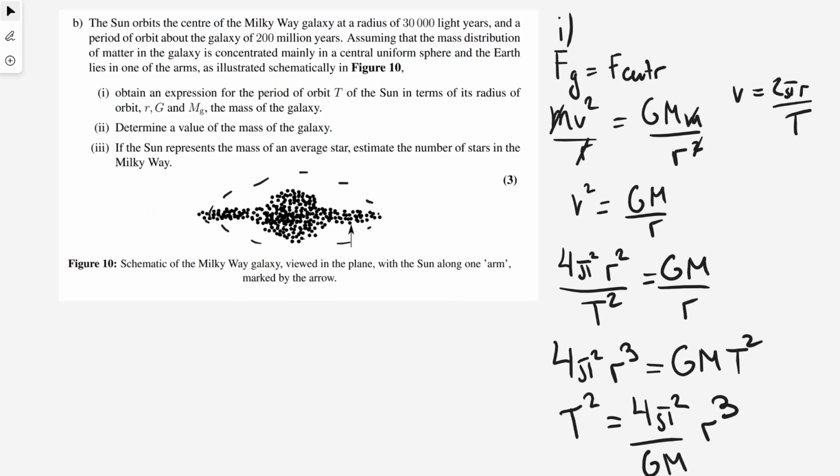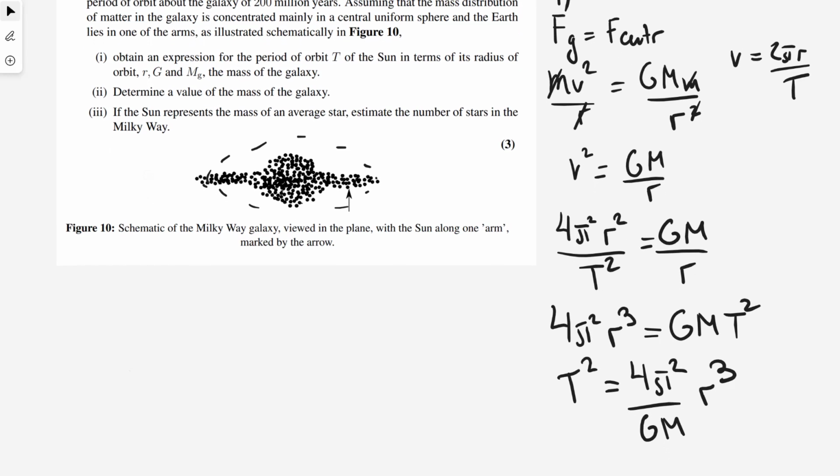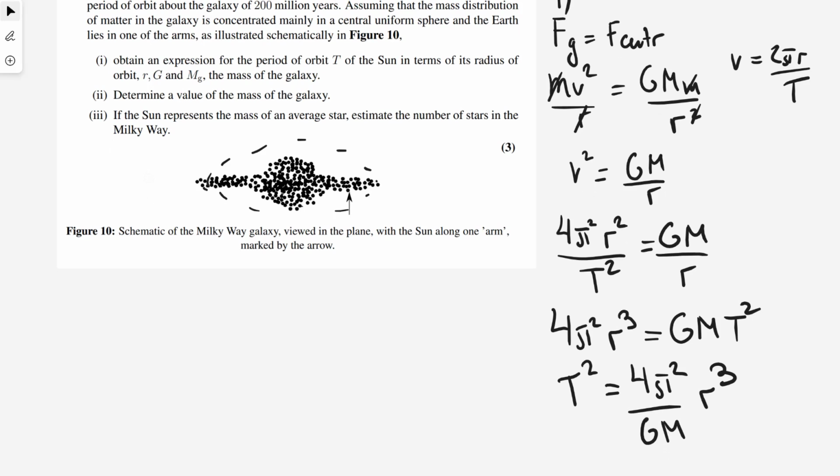Now just a little note, all the m's here, m was the mass of the galaxy, so in this case this m here is actually the mass of the galaxy, so this is M subscript g, and I'll just quickly change this over here so that we are consistent with the question.